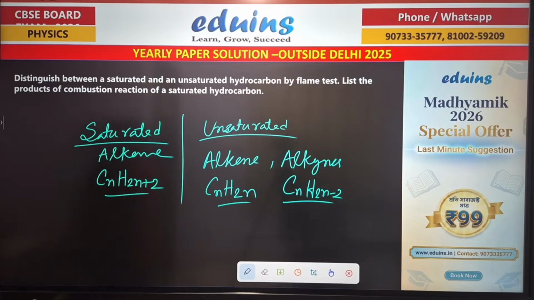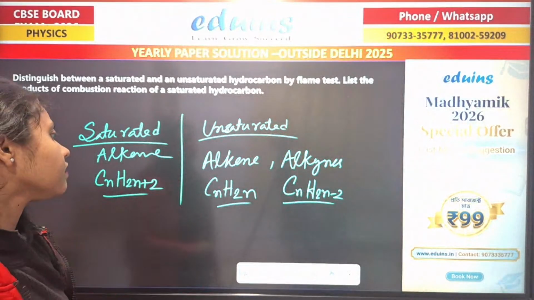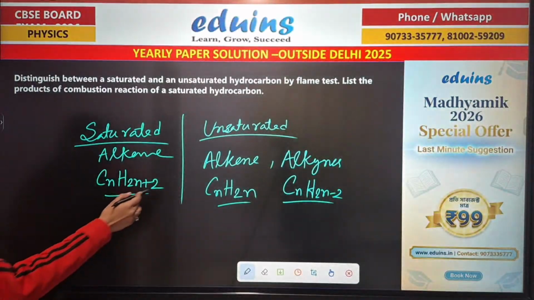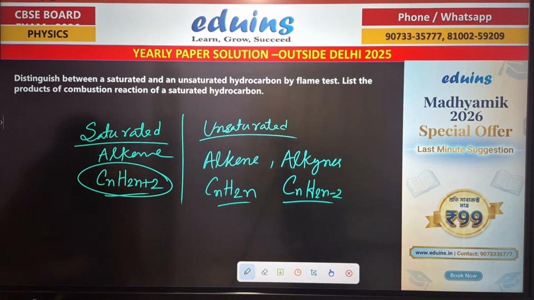Okay. So, which hydrocarbon contains the maximum number of hydrogen? That is saturated. The unsaturated has less hydrogen than the alkanes, so the alkane contains a high number of hydrogen.